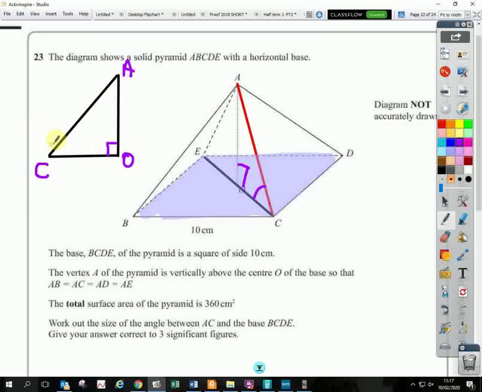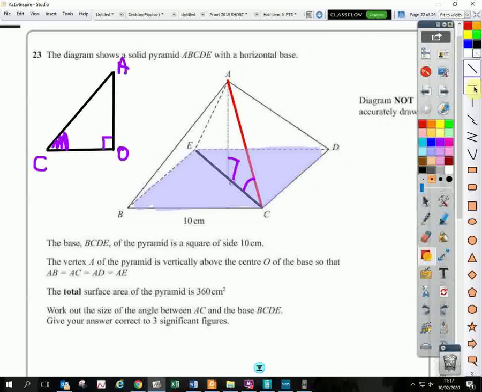I'm trying to work out the size of angle ACO. So I'm looking at this right angled triangle here. If I just draw another line to see, so here we go, they match now. So we've got AO, AC and OC, and this is the angle I'm trying to work out.